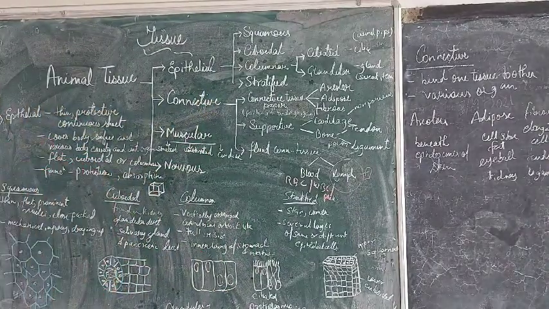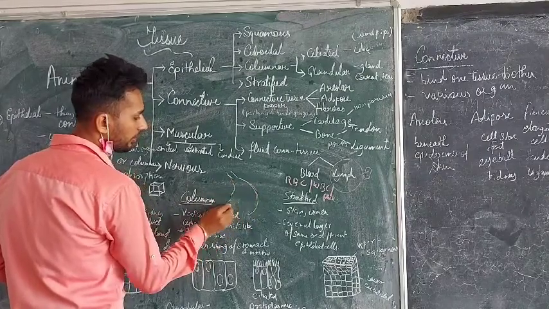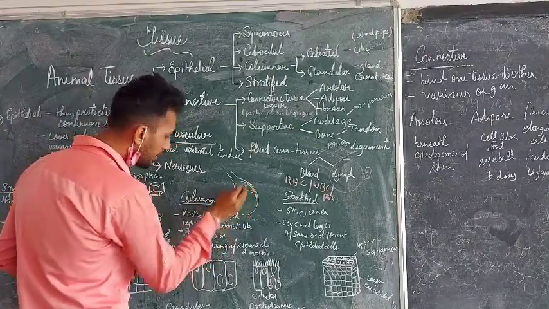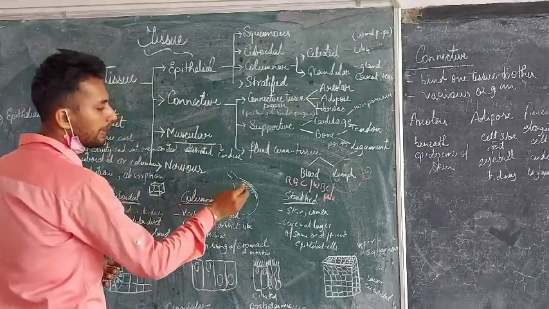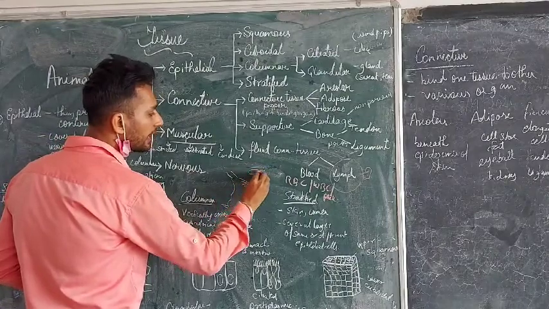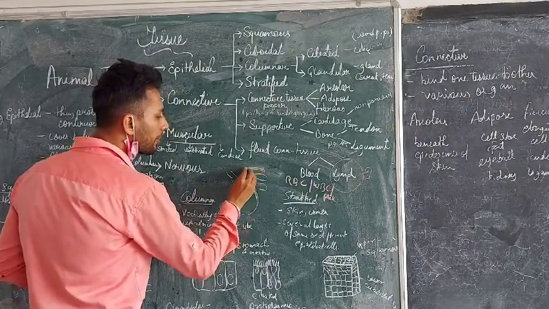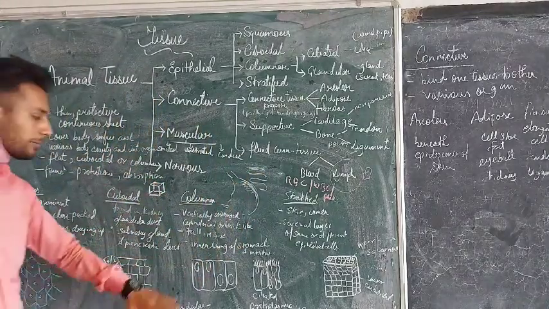When we make the diagram of the stomach, the inner lining of the stomach has this long, slender columnar epithelium. The inner lining of the intestine, the six meter long intestine, also has columnar epithelium.